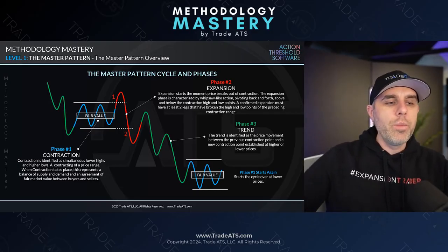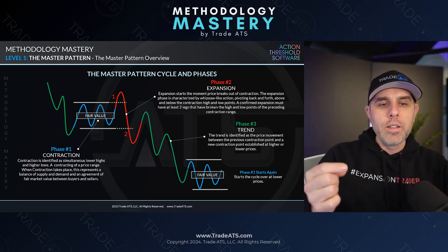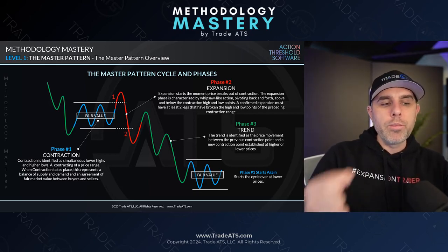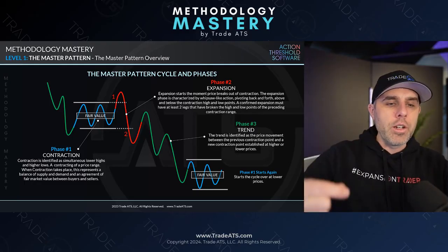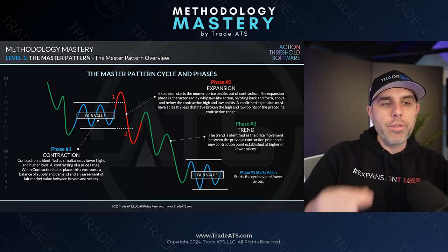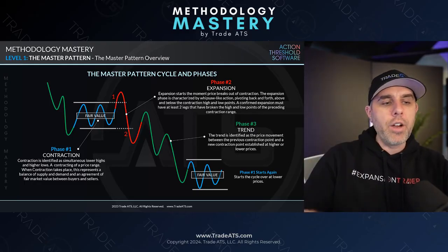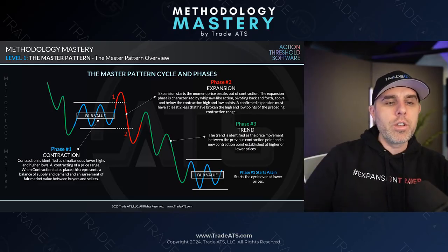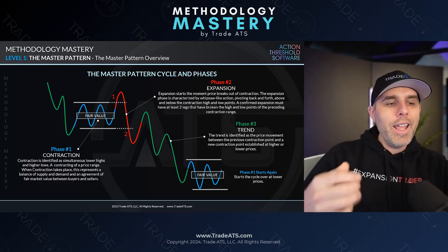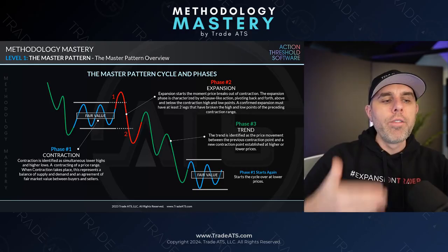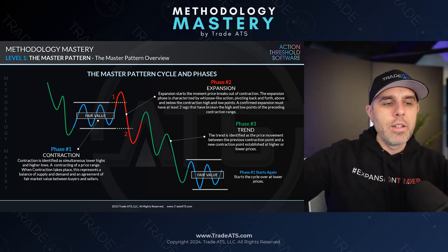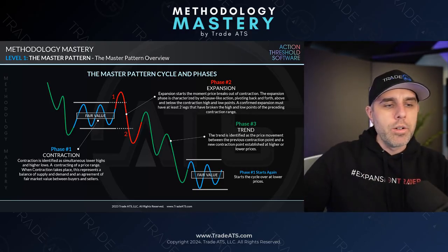What you can do is anticipate the trend phase based on the higher time frame flow of money, and you get positioned according to the current market framework, the current contraction and fair market value. You position yourself on the expansion legs in anticipation of landing yourself in the trend phase. It's the best that we can do.